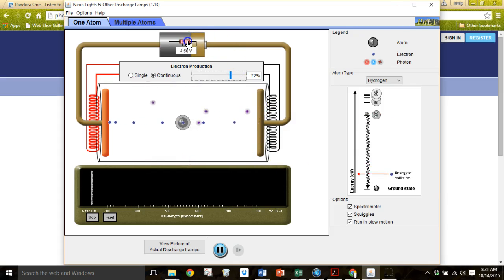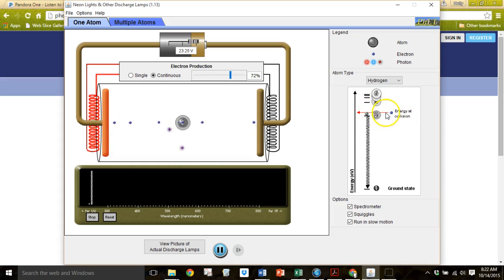Adjust the voltage. Notice what the voltage change did. It's changing this over here. Because of this voltage, it's pulling the electrons from this side to this side, and that's kind of the difference.